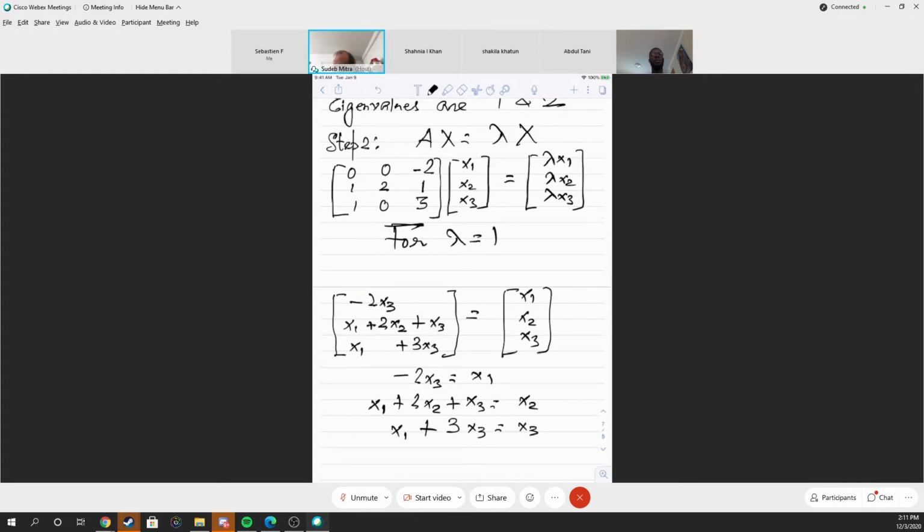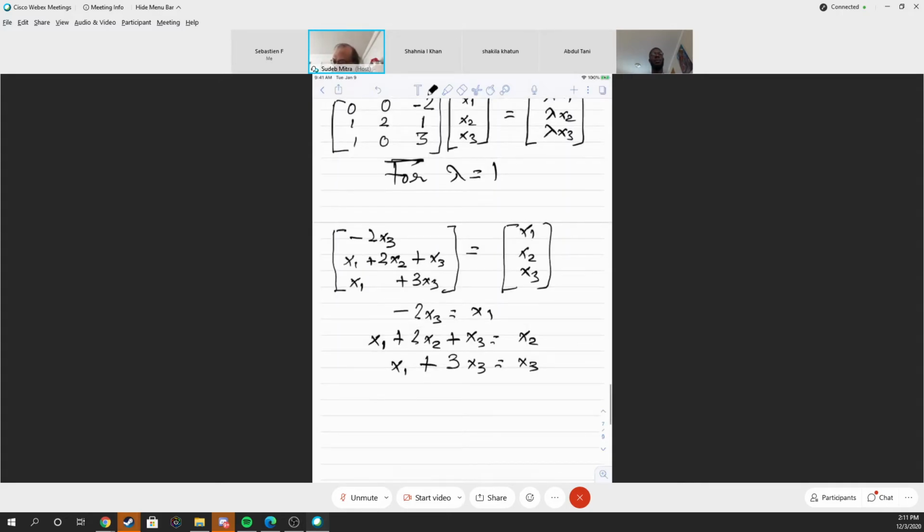So if I put x1 equal to minus 2x3 here, I get minus 2x3 plus 2x2 plus x3 is x2. So minus x3 is equal to minus x2, so x2 equals x3. Very good.